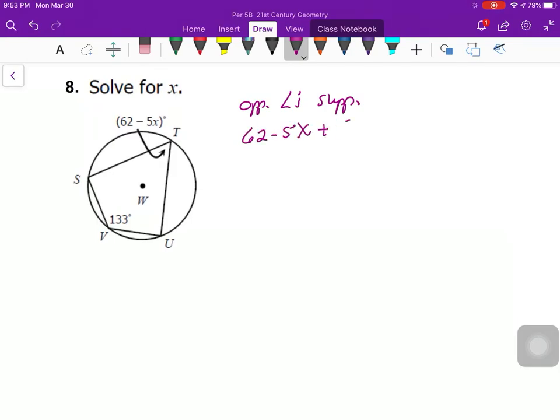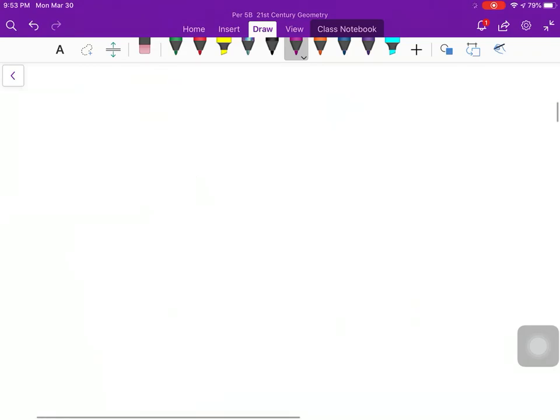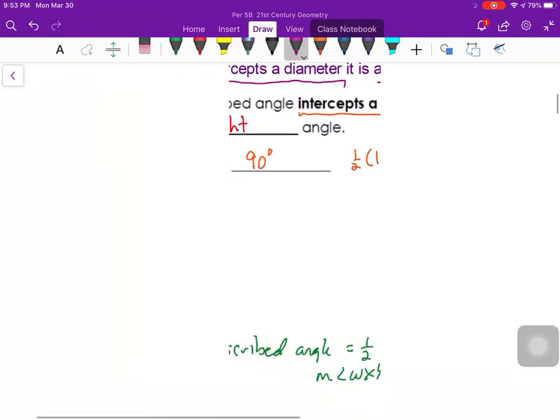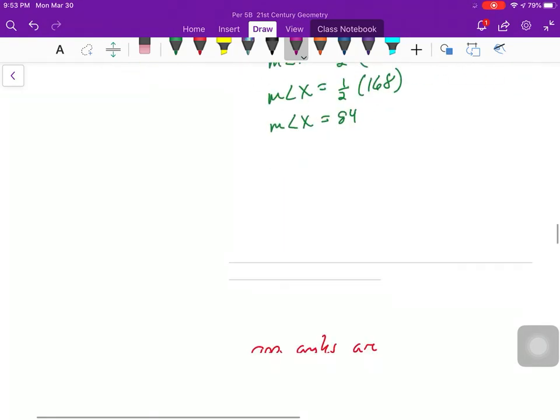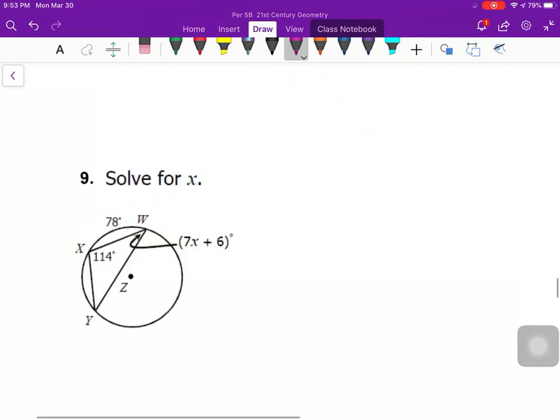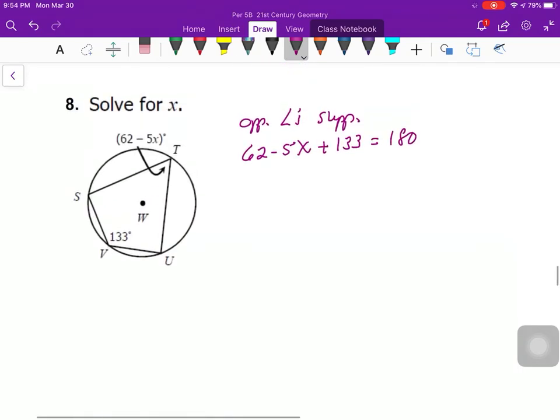Opposite angles are supplementary. 62 minus 5x plus the 133 equals 180.